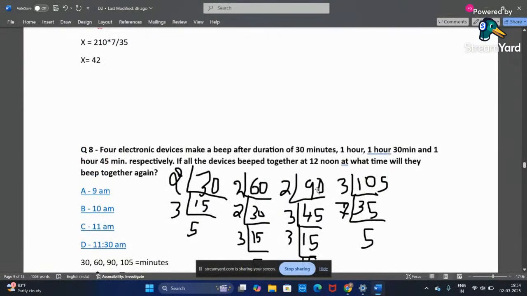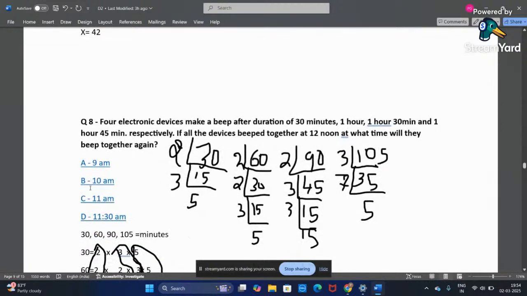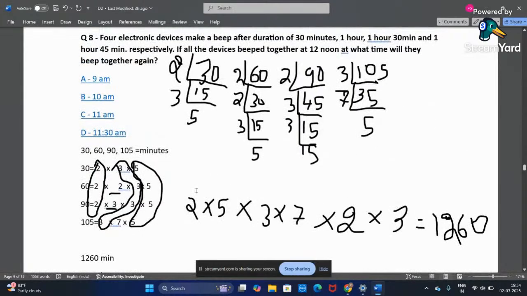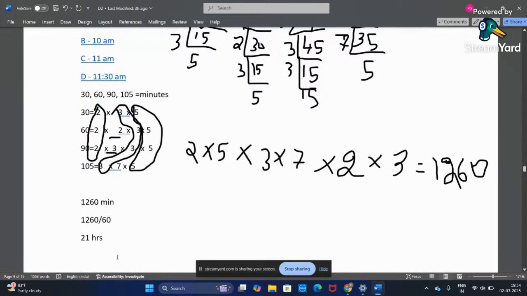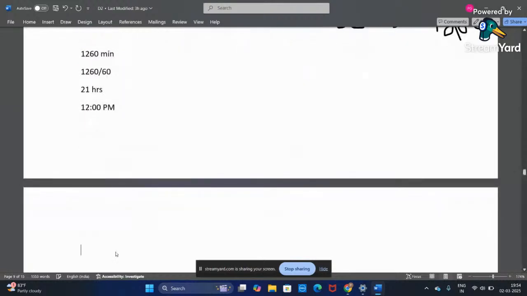At 12 p.m., noon, the electronic devices have beeped. At what time will all four devices beep together again? For 12 noon, we need to add 21 hours to that, right?